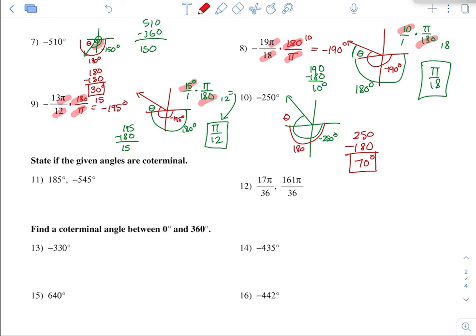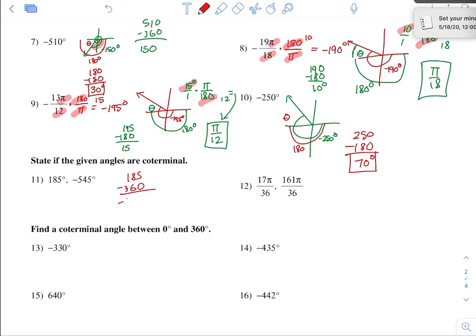So in order to determine if 185 and negative 545 degrees are coterminal, I just need to add or subtract to see if it gets me to that point. So 185 minus 360. If I keep subtracting by 360 from 185, then we should get to negative 545 if they are in fact coterminal.